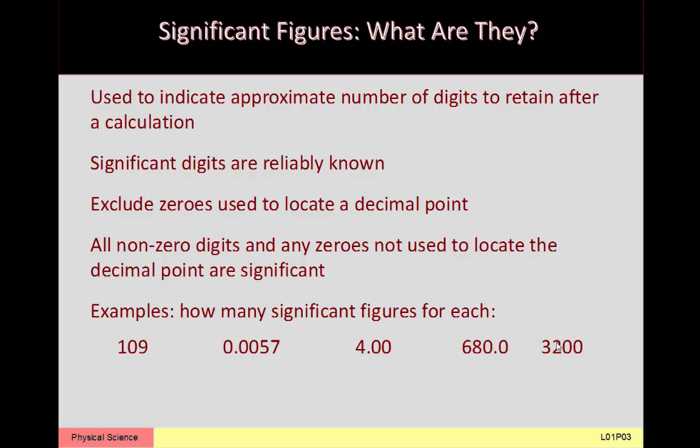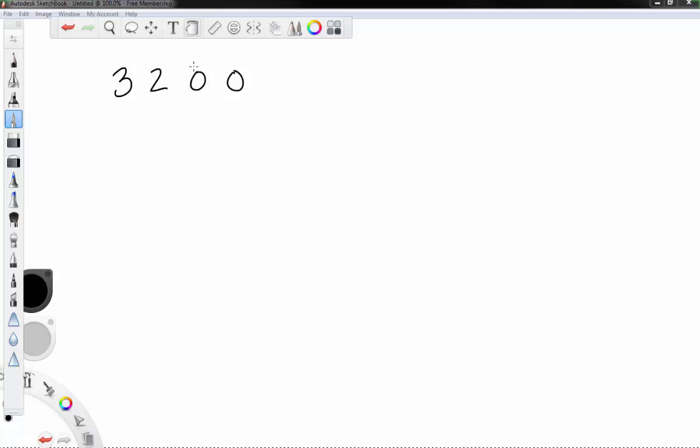And to illustrate why, I would need to show you something on my whiteboard space. So let me pull that up. So here's the number 3200, and the question is, are these all significant or insignificant zeros? And the answer kind of depends upon what it is you're actually using to measure with.